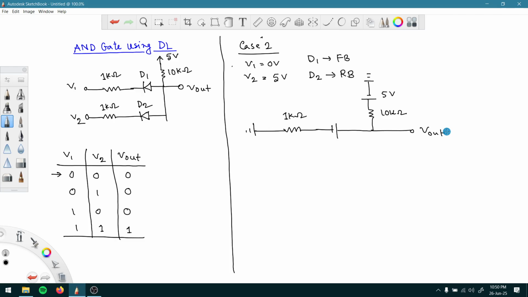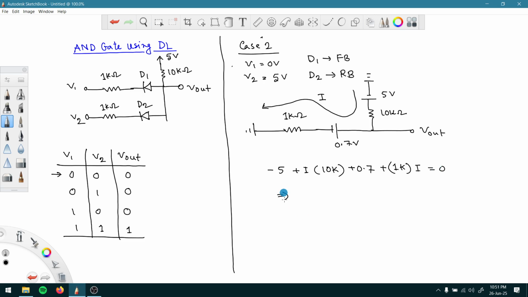Now we can use our KVL to find out the current that is going through this path, right? So to do that, first of all, minus 5, then current I is flowing through 10k, so I multiplied with 10k, then this voltage source value should be 0.7, so plus 0.7, then 1k multiplied with the current itself, I, equals 0.